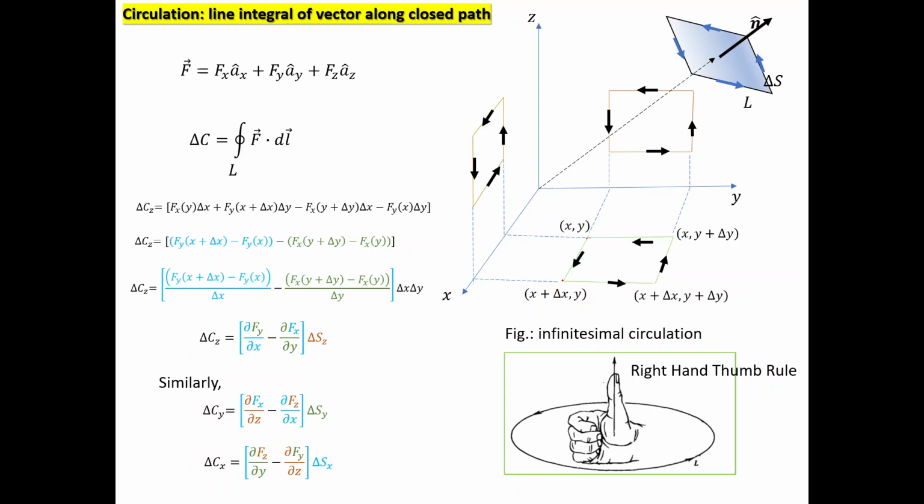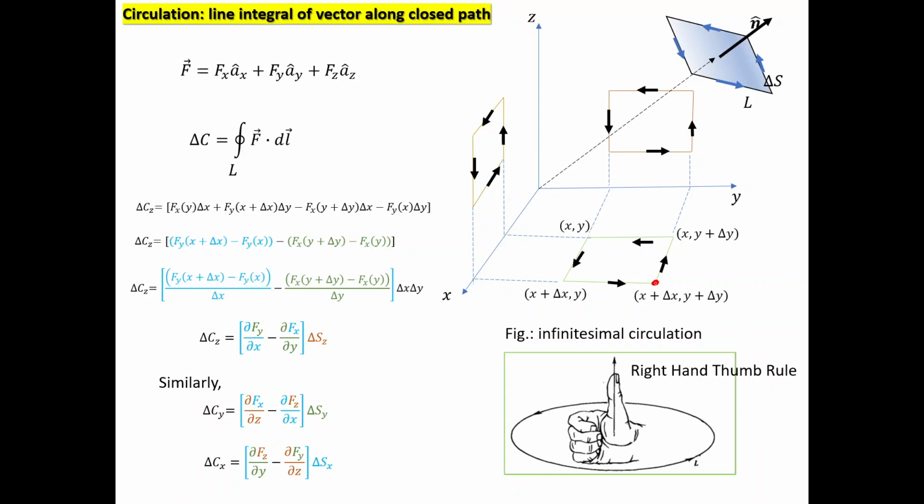Similarly, once we have reached this point, let us traverse in this direction up to this point. Here the length of this path is del y, and the component along the y direction is fy. Then fy multiplied by del y at the point x plus del x. That is why this will be the circulation.